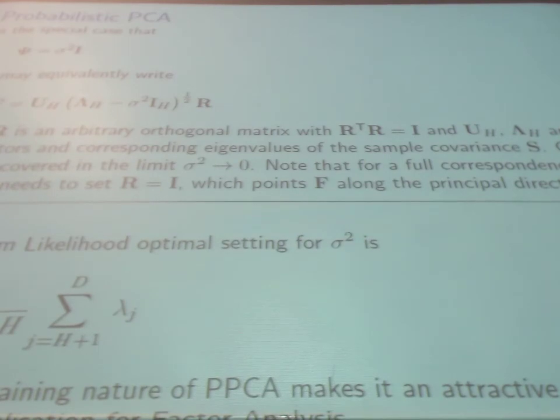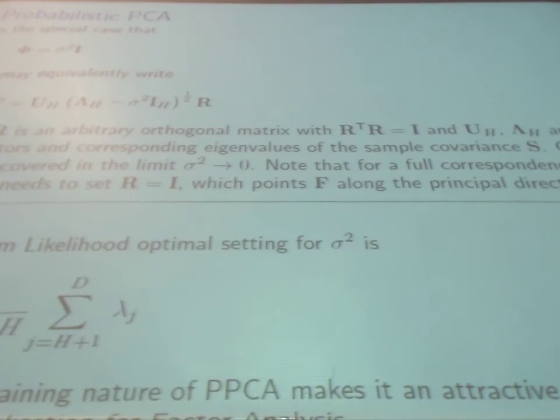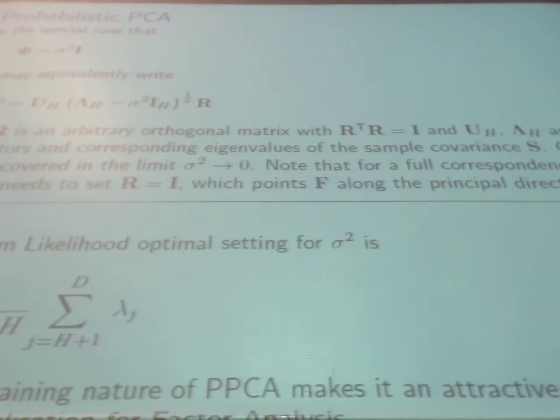So formally, PCA is a limiting case of probabilistic PCA when sigma goes to 0. When your assumption about the noise off the plane gets very small, the solution starts to match the PCA solution exactly. The details are given in the notes.